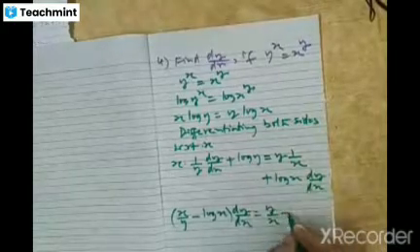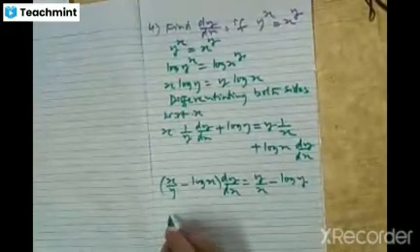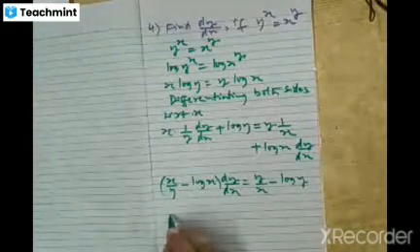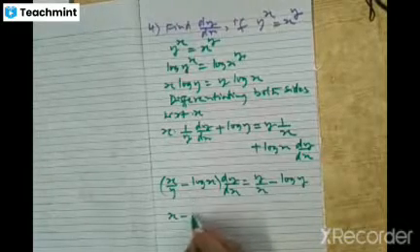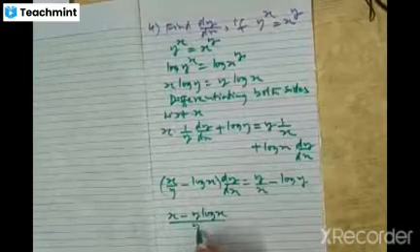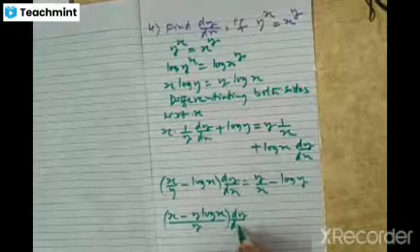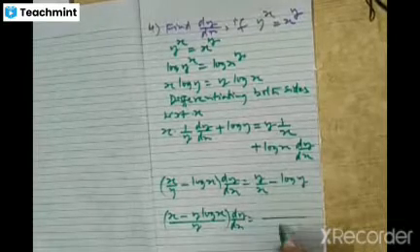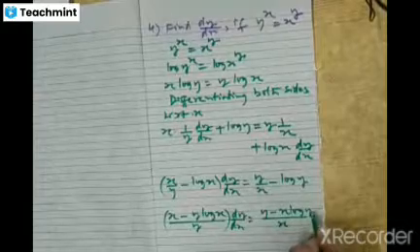Shift log y to the right side, so minus log y. Simplify this further. So, take y as the LCM here: (x minus y log x) by y into dy by dx. In the right side, take x as the LCM: (y minus x log y) by x.